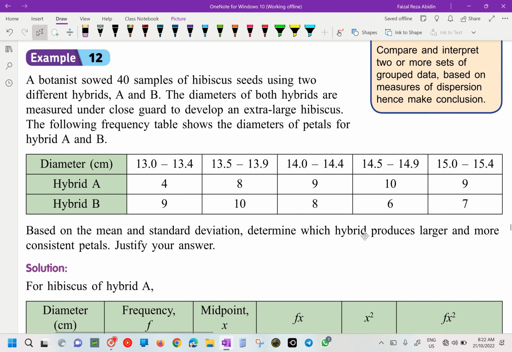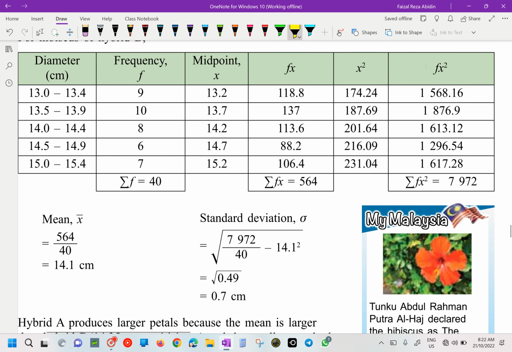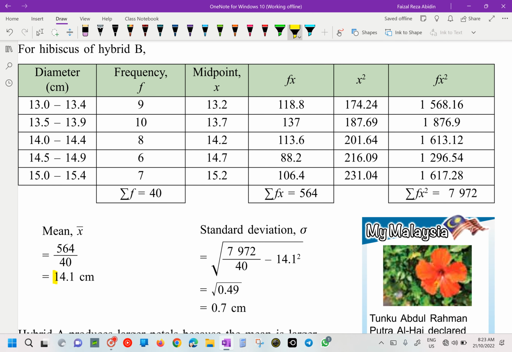So, if you look at our question here, it's asking, based on the mean and standard deviation, determine which hybrid produces larger and more consistent petals. If we compare our mean, this one is 14.35 with 0.64, and hybrid B is 14.1.